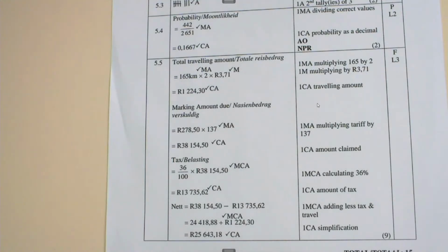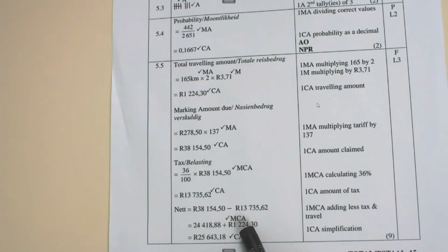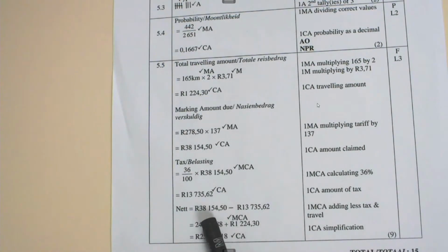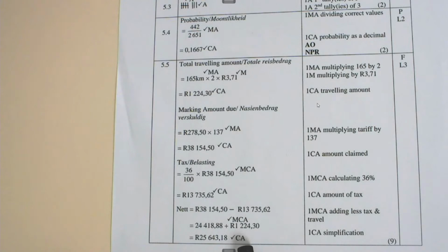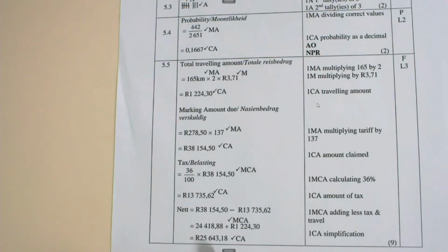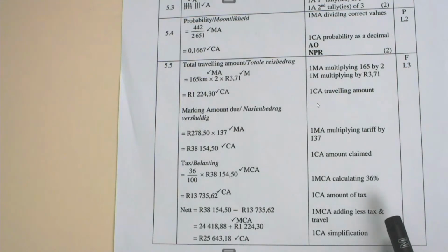When you subtract the tax amount, you get 24,418.88. Then to that amount you add the traveling amount, remembering that the traveling amount is not taxed, which is 1,224.30. Then the answer will be 25,643.18. Now let's look at the mark allocation.